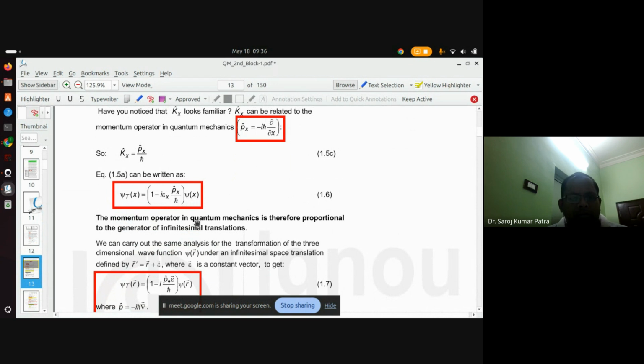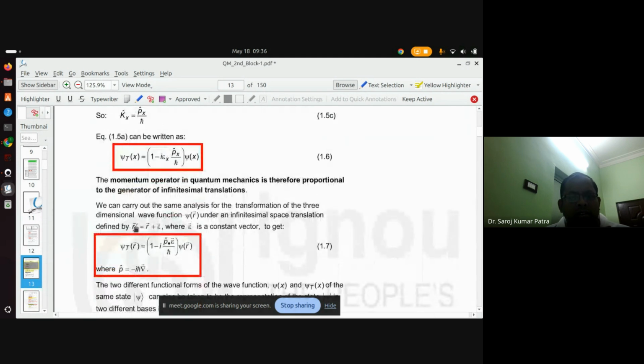If we have a three-dimensional one, so it is like x component only. If we have three-dimensional, then instead of x prime going to x plus epsilon x, I'll write r prime vector is transformed to r vector plus epsilon vector, where epsilon is a very small infinitesimal translation in three dimensions.